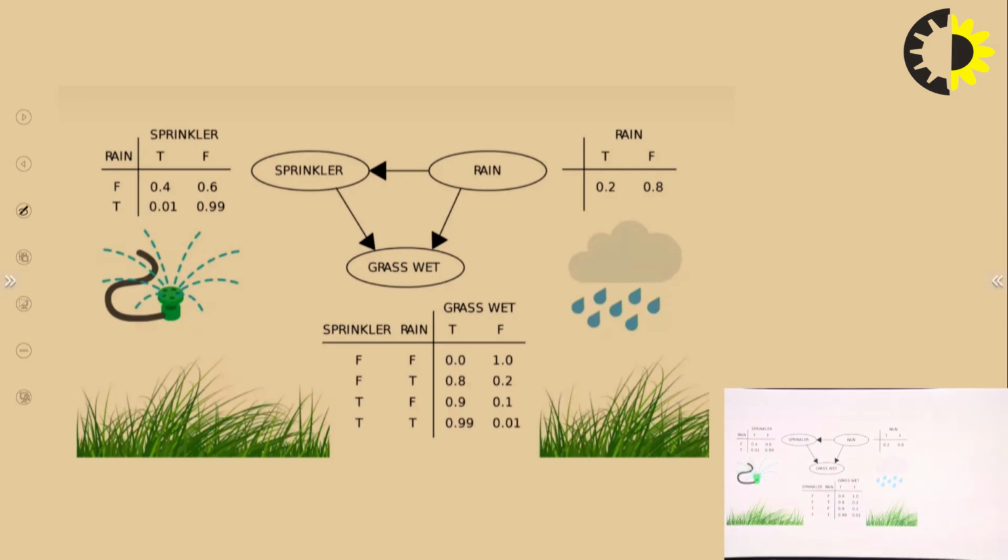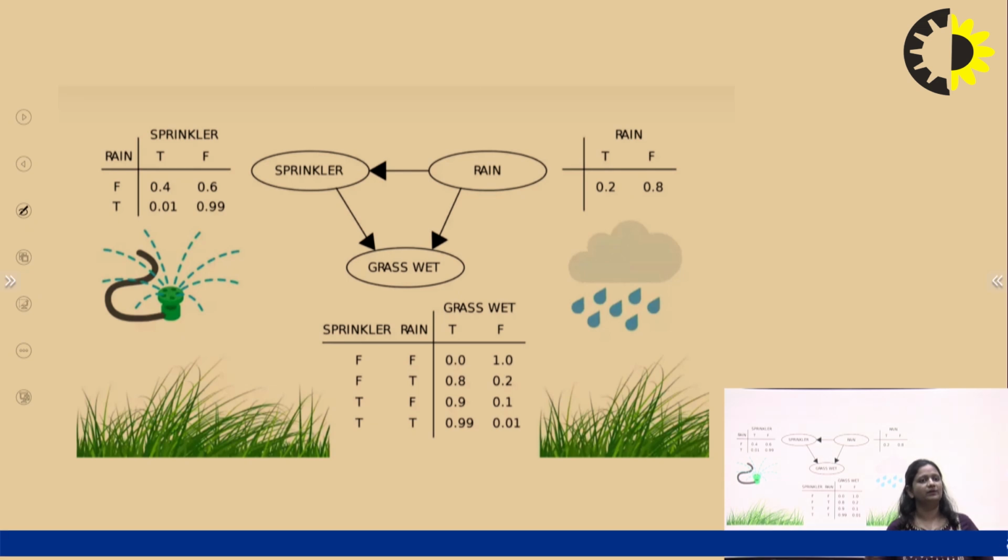For example, this is a directed acyclic graph or a Bayesian belief network. In this, there are three variables: rain, sprinkler, and grass wet.